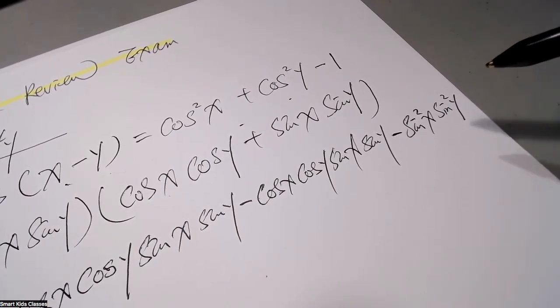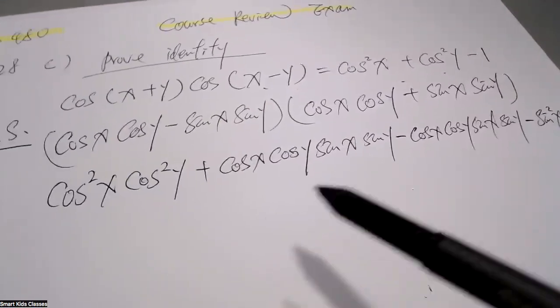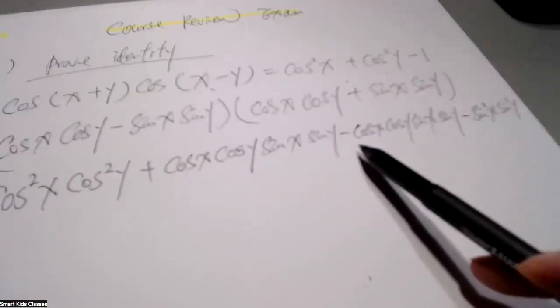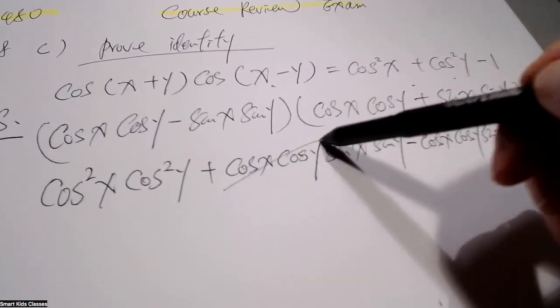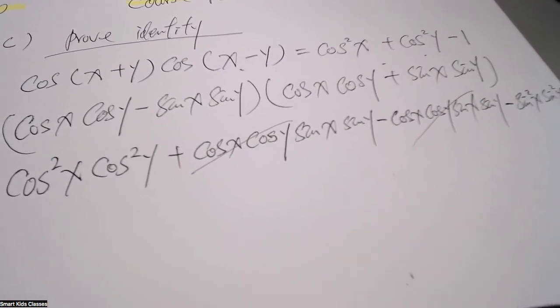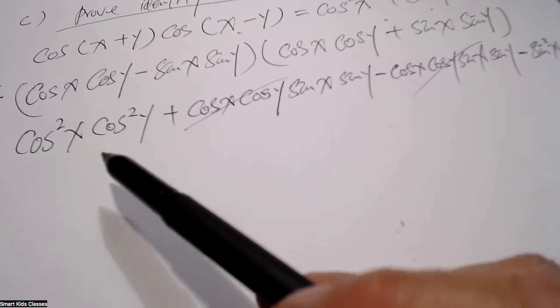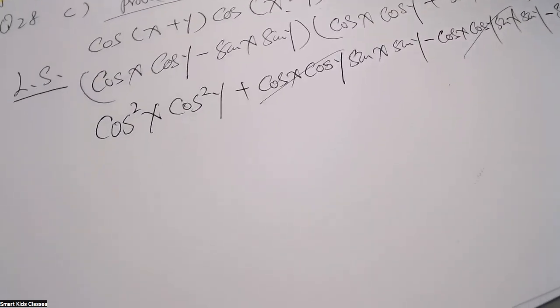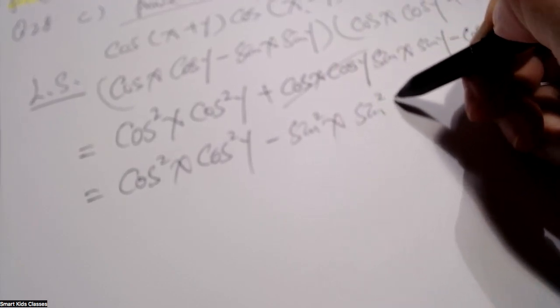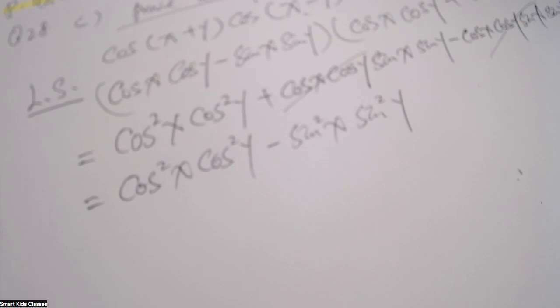It's a long writing, but you can see one plus and one minus, and these two cancel each other. What we're left with is only the front and the end. So we write it together: cosine square x and cosine square y minus sine square x and sine square y.